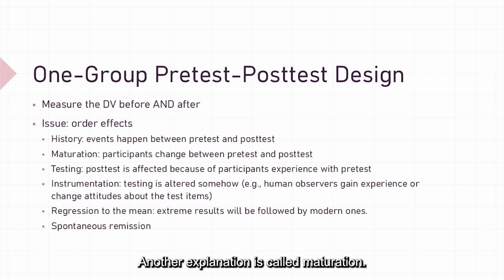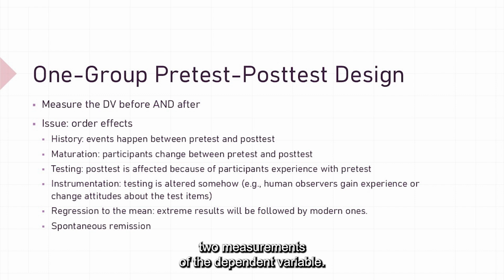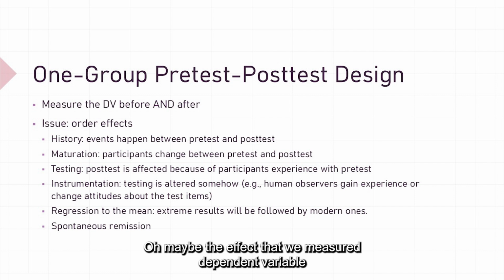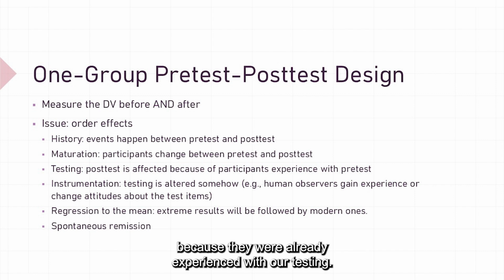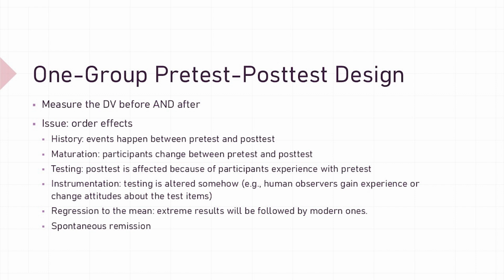Another explanation is called maturation. Participants could change between two measurements of the dependent variable. Or maybe the fact that we measured the dependent variable the first time changed subjects' responses the second time because they were already experienced with our testing.